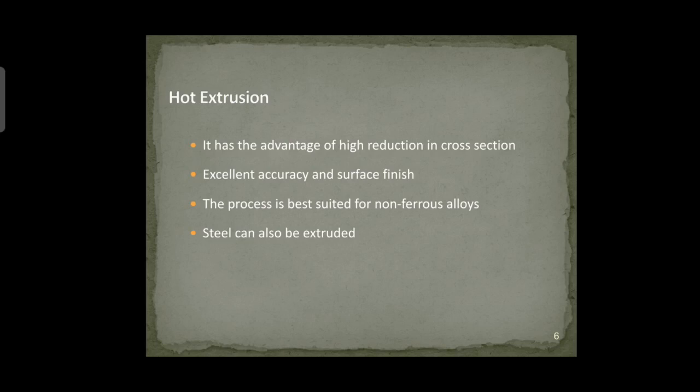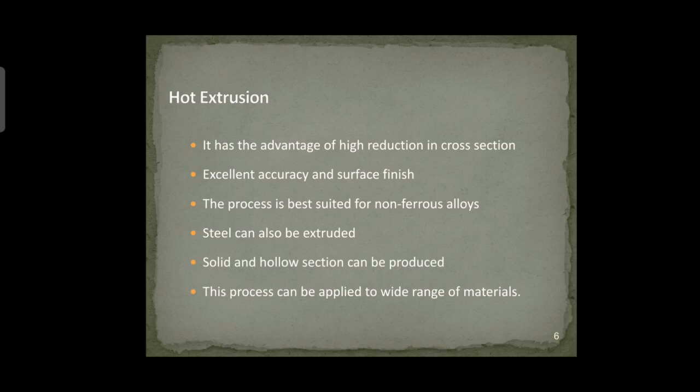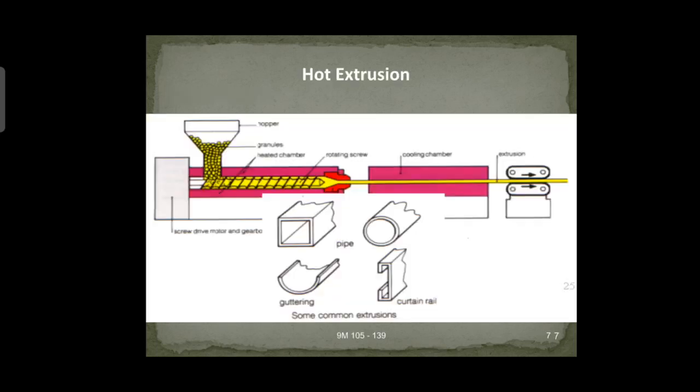It depends on the die we choose. Coming to the diagram, you can see the different extrusions here, like rectangular or square cross sections, circular, or railing type cross sections. So this is how the process happens here.